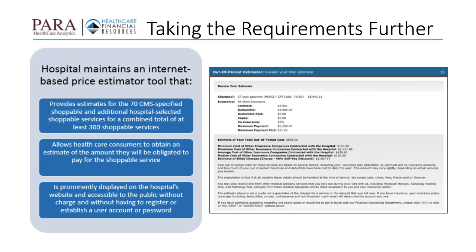Second, that the tool allows healthcare consumers to, at the time they use it, obtain an estimate of their specific financial obligation for the shoppable service. And finally, that it is prominently displayed on the hospital's website, not hidden on some back page somewhere, and accessible to the public without charge and without having to register or establish a user account or password.